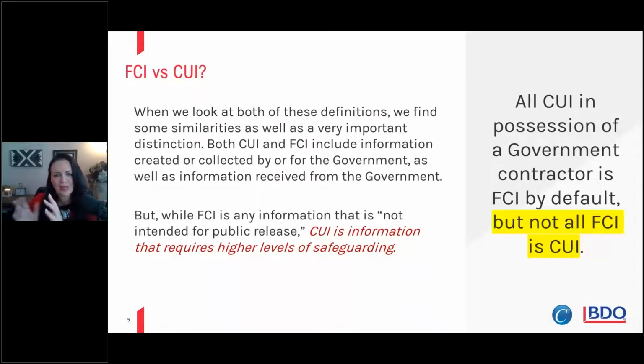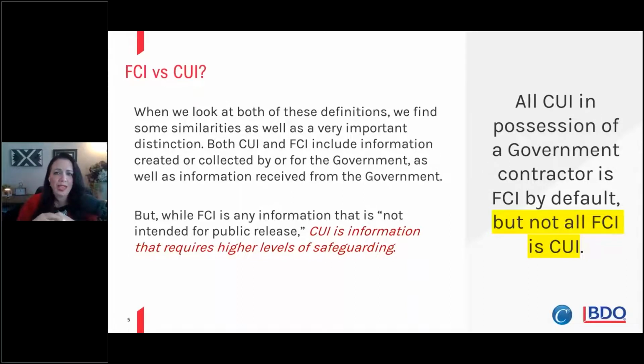So let's talk about that differentiation between FCI and CUI. When we look at both of them, and I'll give you the definition of CUI in a second, they both really discuss this information either created for the government or the government sends you. And so it starts to get a little confusing.